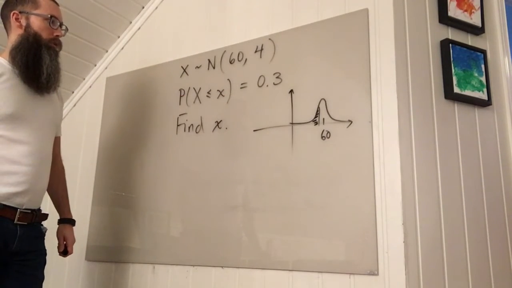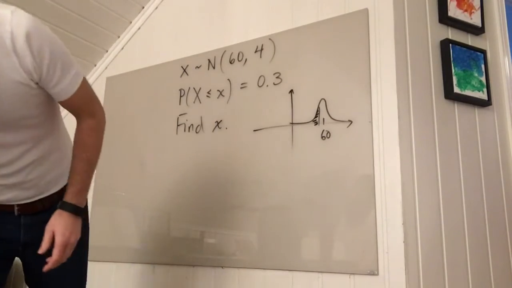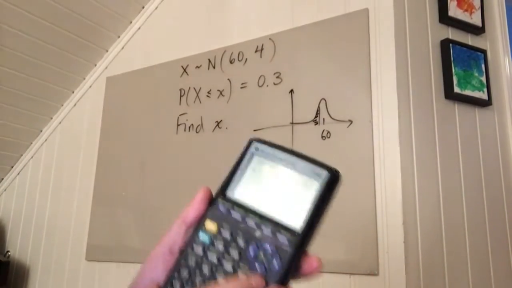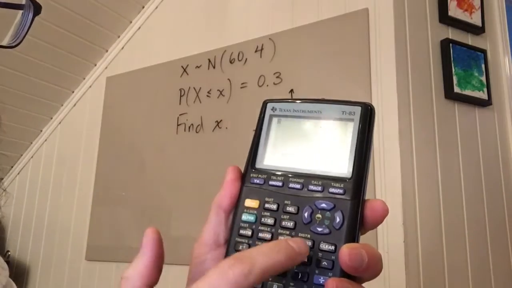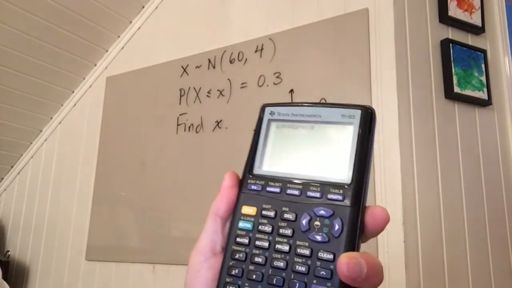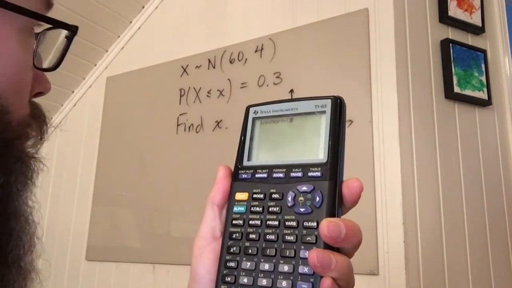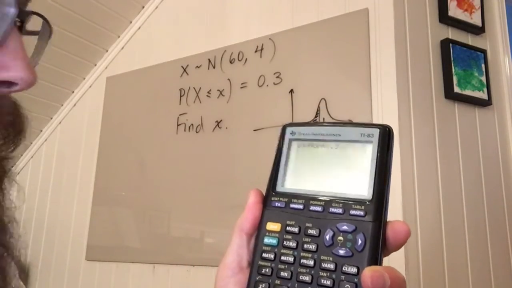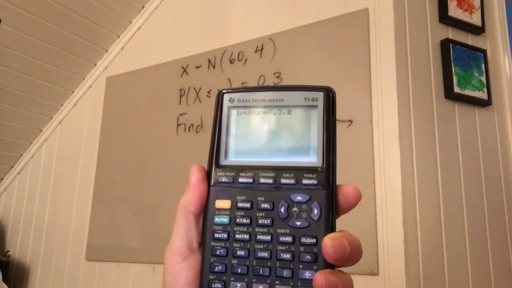And again, we use the inverse distribution, and I'll show you on the calculator. So what you do is you take inv norm, and with the inv norm you choose 0.3, but you could also give mu and sigma for this one.